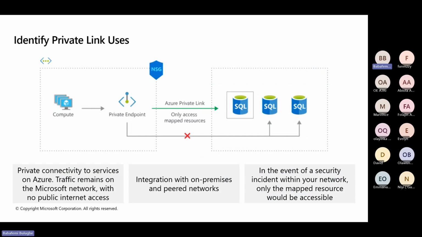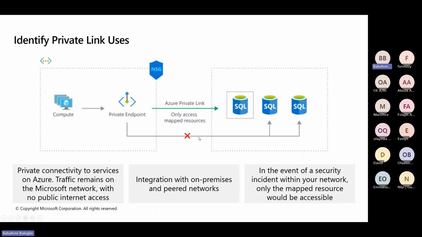Then private link, I explained what the private link is used for. A typical example is your SQL. Because most of these services don't come with an IP address, and you want to assign an IP address to them, you can have what we call a private link created.